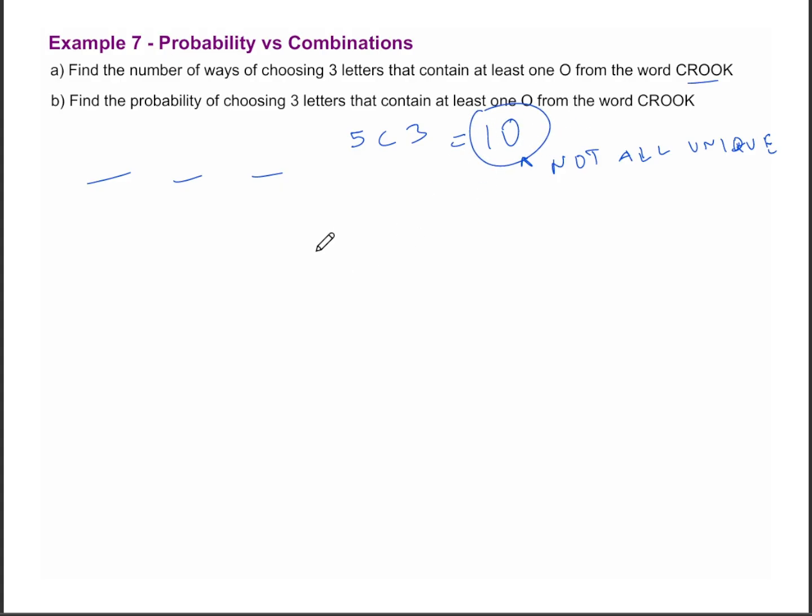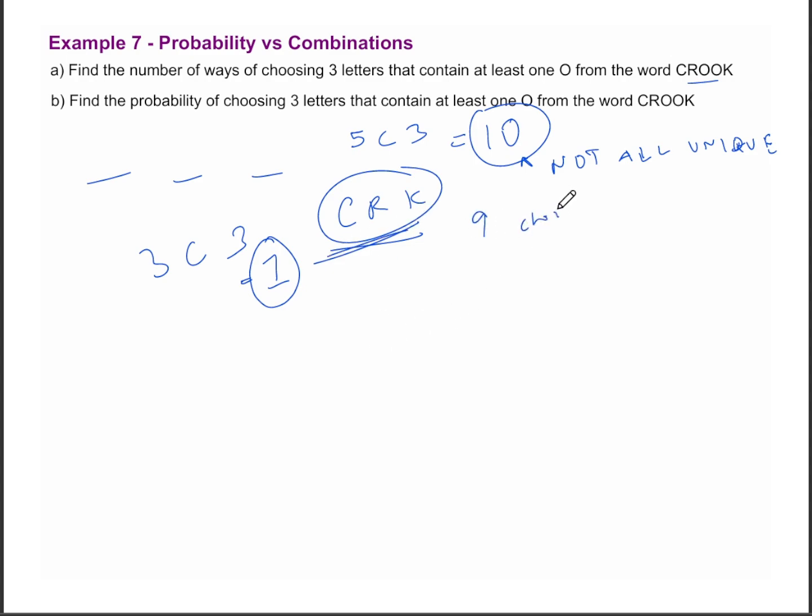So the case that has no O's, which is just from the letters C, R, K, so 3 letters being chosen for 3 spaces, which gives us 1. And that tells us that there is one choice only that does not have any O, which is the choice of C, R and K, which tells us that 9 of those choices have at least one O.